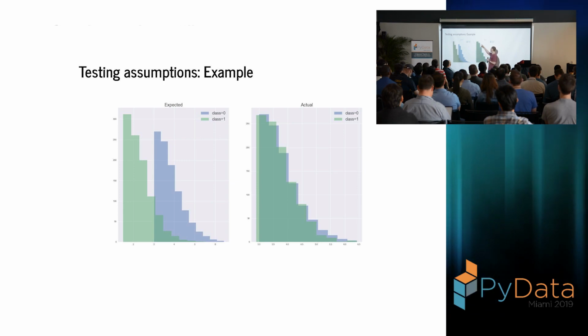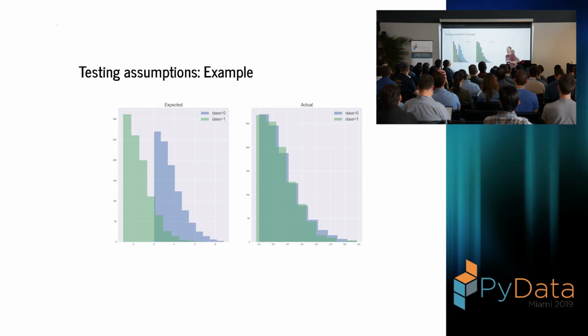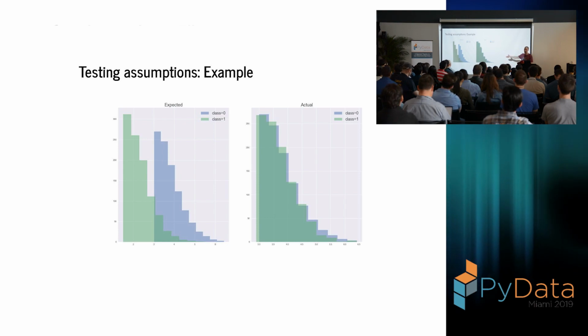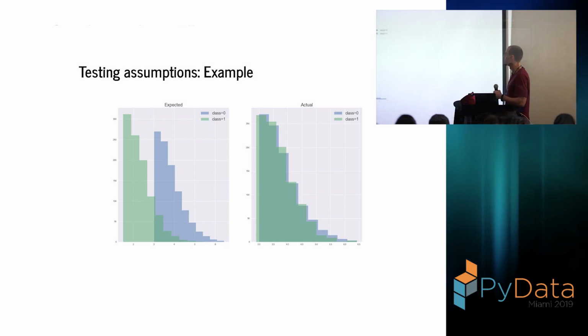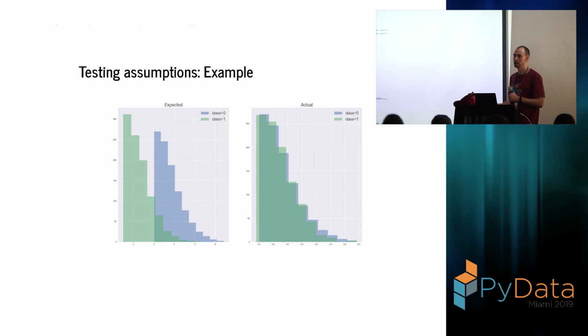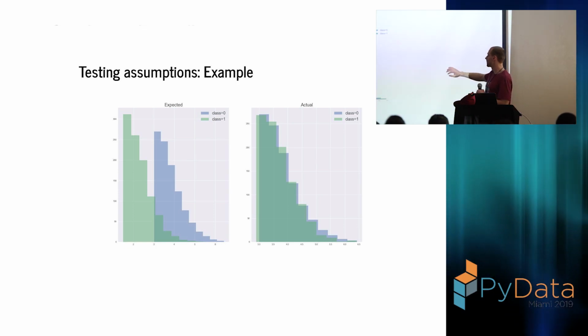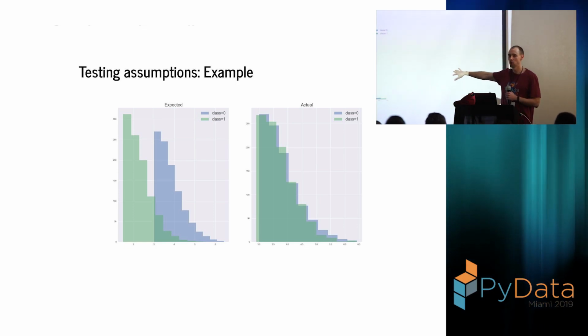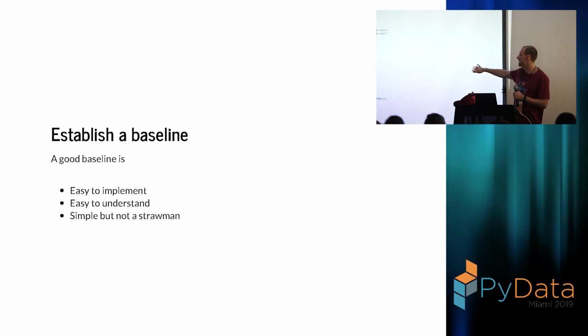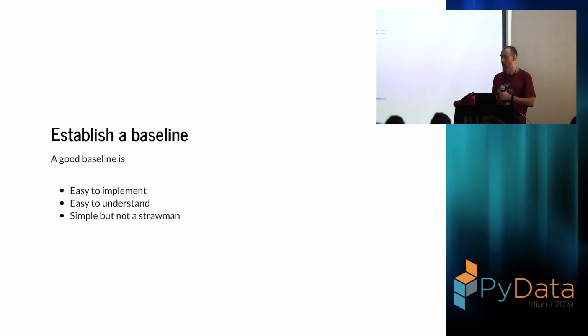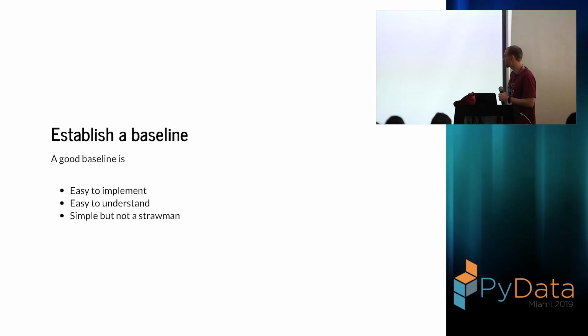But in reality, it was something like this. They were nearly identical, which explains why I had trouble fitting the model. So this is something good to implement early. Again, test your assumptions. What I learned from this was that I didn't understand the data the way I thought I did. I needed to go back and pull it again differently.